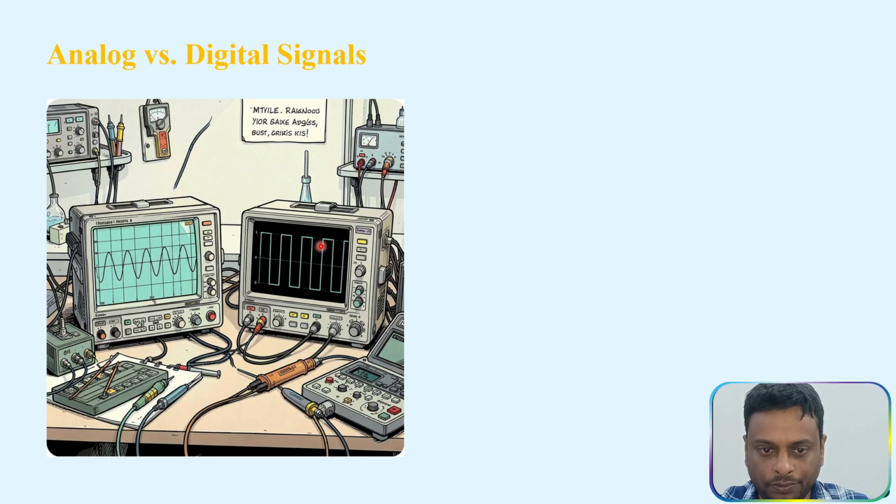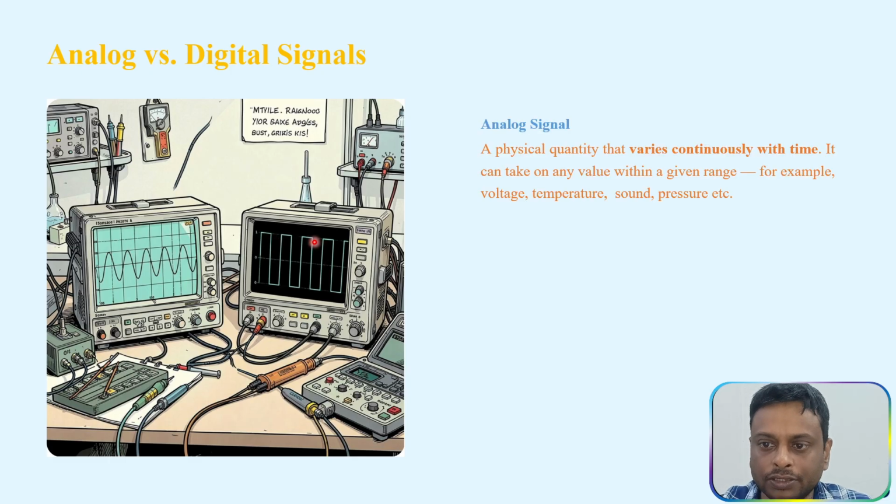As I have told you, an analog signal is a physical quantity that varies continuously with time. It can take any value within the given range, such as voltage, temperature, or sound pressure. Suppose this analog signal is represented by a sine wave.